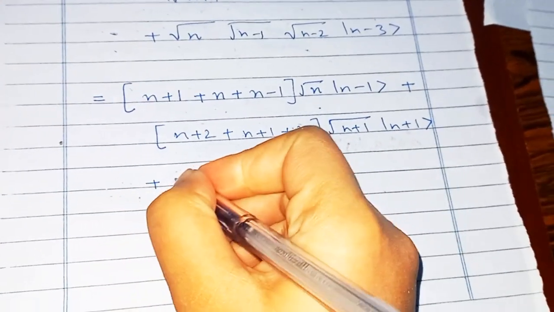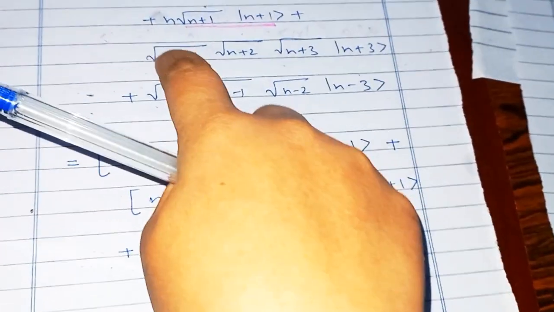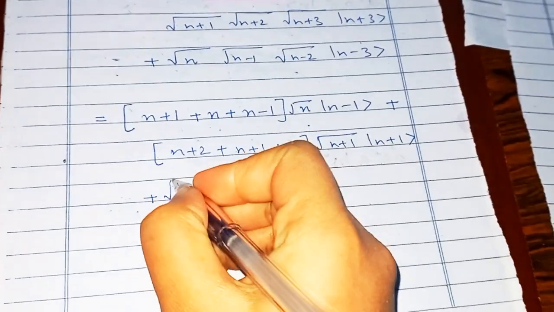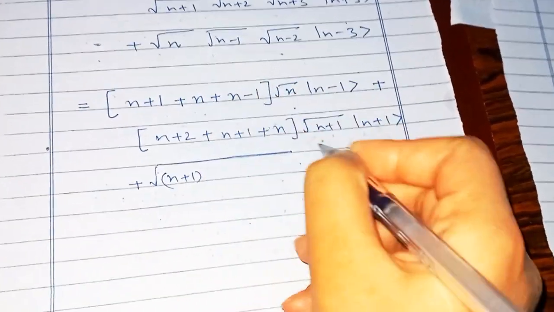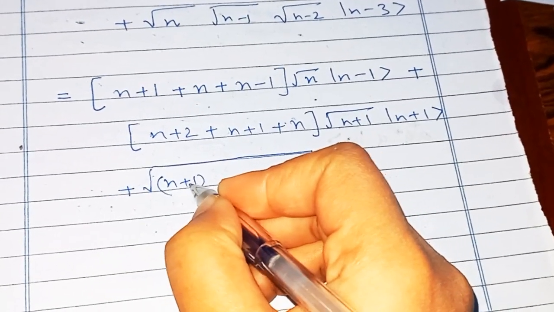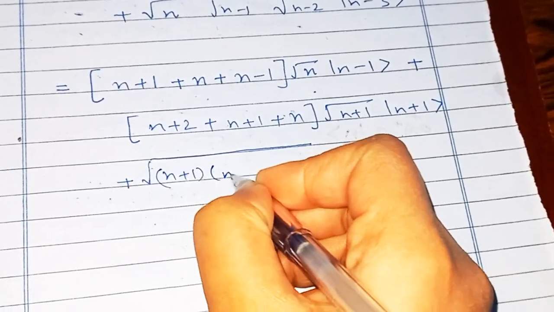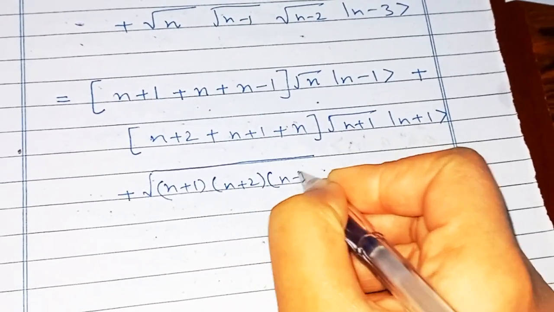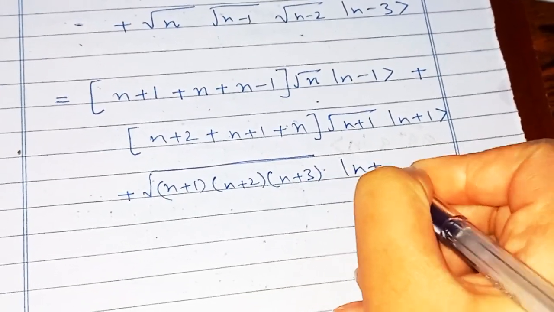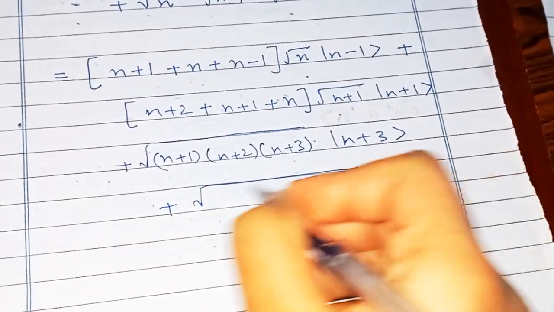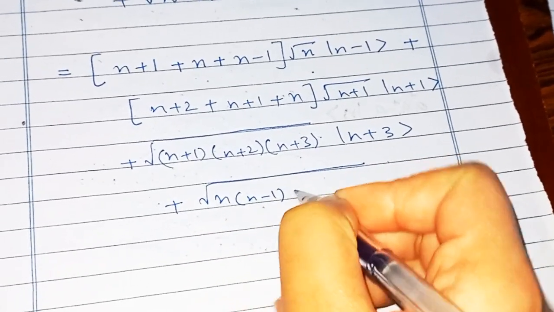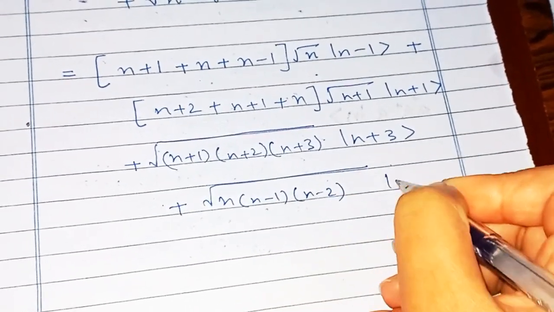Then we have these two different cats, so they cannot be added to each other. We'll write them right away the way they were written, and since all of them have under root, we can write them under a single under root. So it's a whole under root, inside of which is n plus 1 into n plus 2 into n plus 3 and n plus 3 cat, plus we have this whole under root n into n minus 1, n minus 2, and this cat.